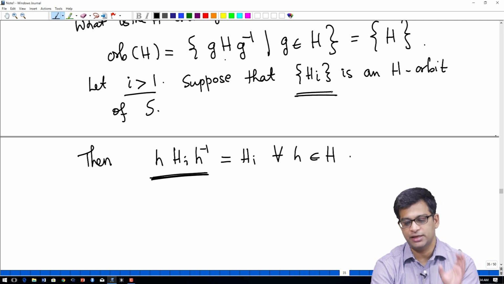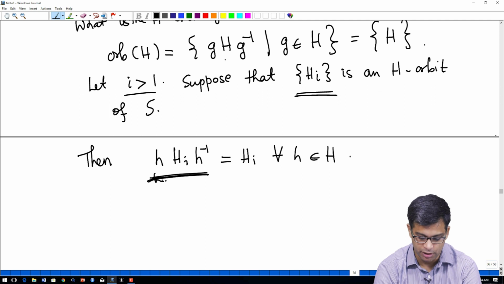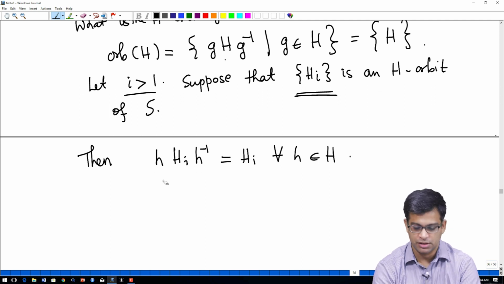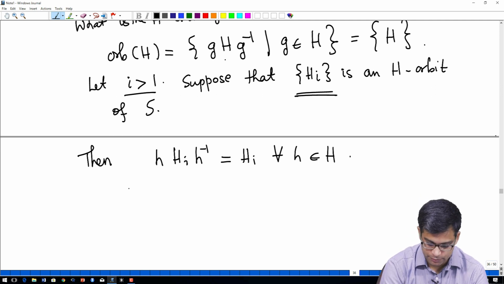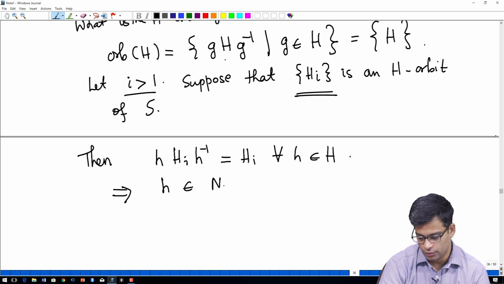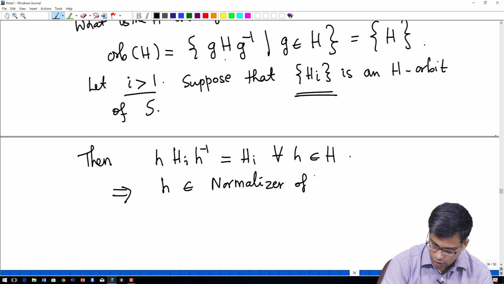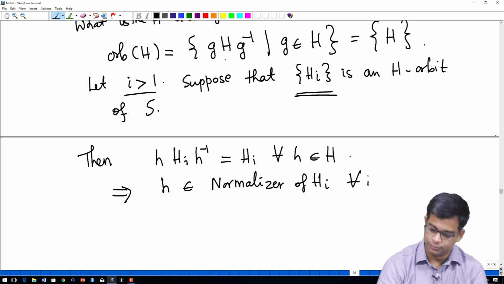The singleton H_i is an H orbit, that means small h times H_i times small h inverse is equal to H_i for every h in H. That means small h is in the normalizer of H_i for all i, right.